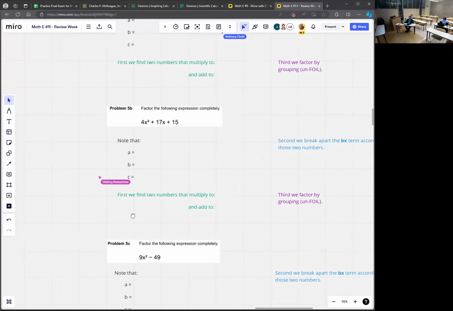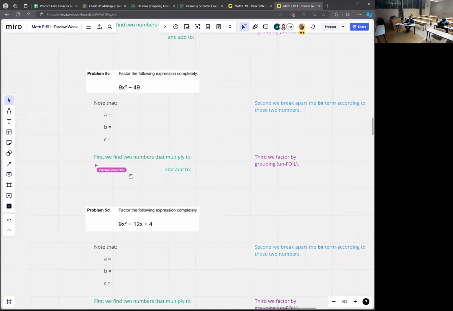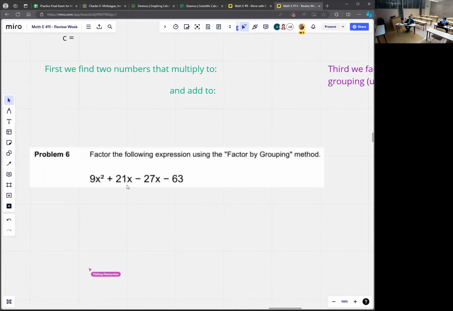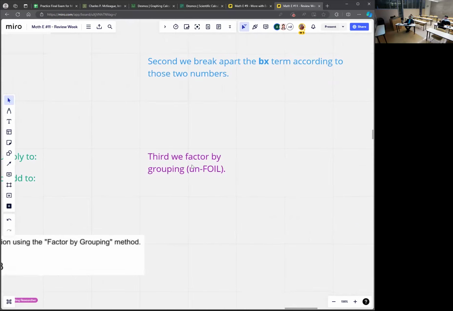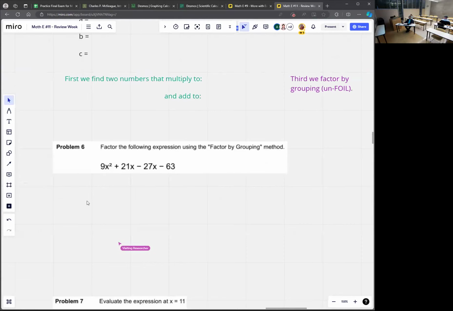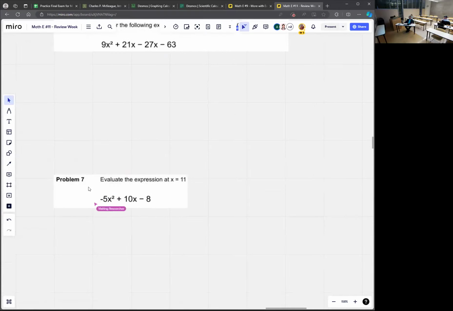They say factor, they say factor, and then they say factor by grouping, but you were doing that all along. I would have put the one where they already started for you and have broken the x up to start with. I would have put that first, because you're just starting in the factor by grouping step.